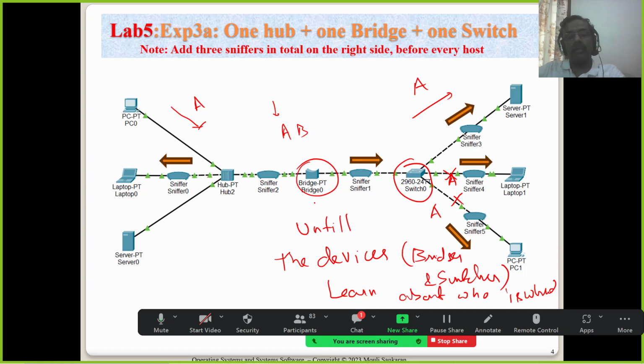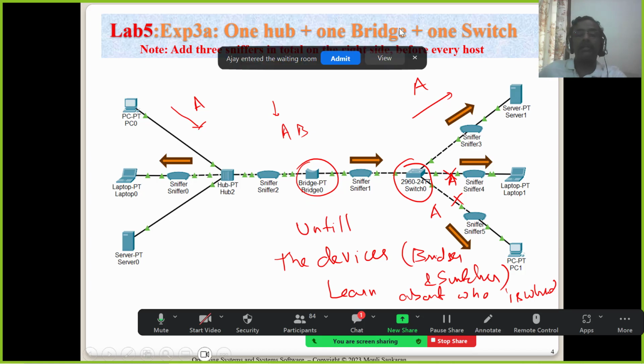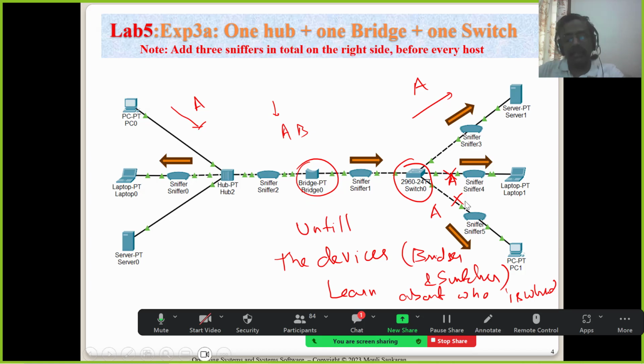So when you switch on the system, unless there are mechanisms to keep the device cache already filled up, we assume that all of them come like a baby born fresh without knowing anything about the network. So bridges are like that, switches are also like that. To answer Avishi's question, initially, until they learn where A is, they will send it to these people.